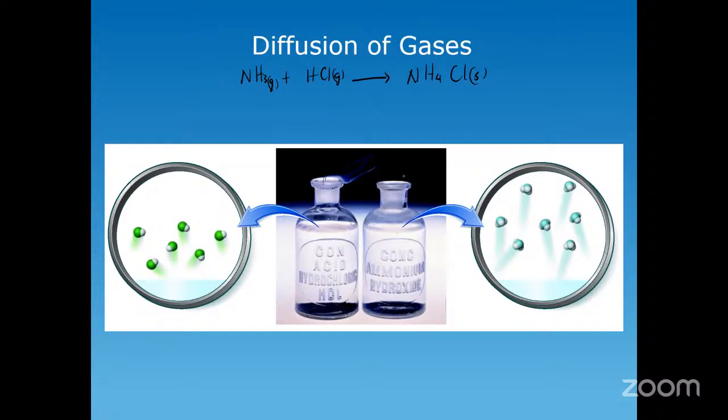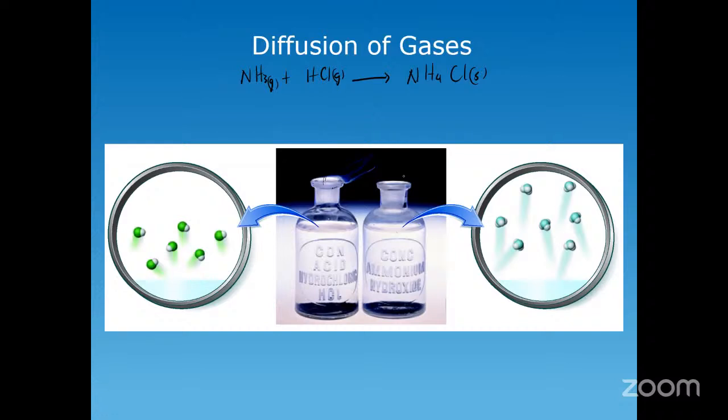The heavier gas. Which one is heavier? What's the molar mass of hydrogen chloride? Hydrogen is about 1, chlorine is about 35.5. So hydrogen chloride will be 36.5 approximate, right? And what's the molar mass of ammonia?